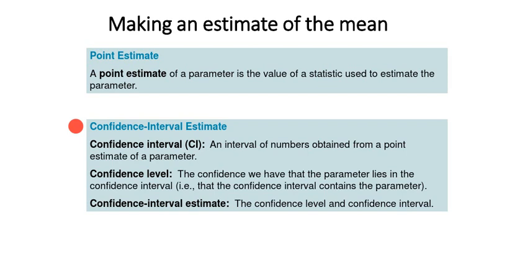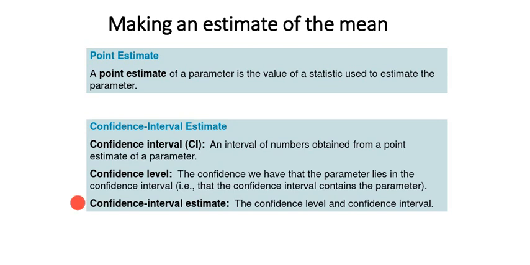A confidence interval estimate, rather than being a single number, gives us an interval over which we can say that the parameter in question, let's say the height of all U.S. college students, is within that interval between two numbers. So it's an interval of numbers obtained from a point estimate of the parameter. The confidence level is the confidence that we have that the parameter lies within that confidence interval.